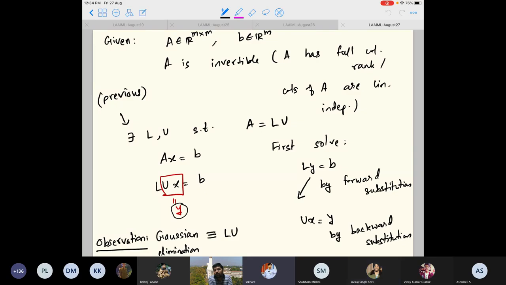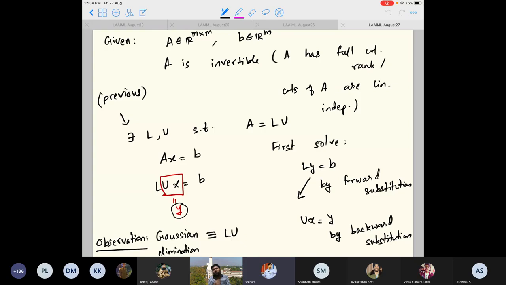Yeah, in case of square systems. If you know that matrix A is invertible or A has full column rank, then in case of square matrices, you can use LU decomposition. In fact, all the solvers that you have for square systems actually have LU decomposition in place. Many professional solvers have this in place.